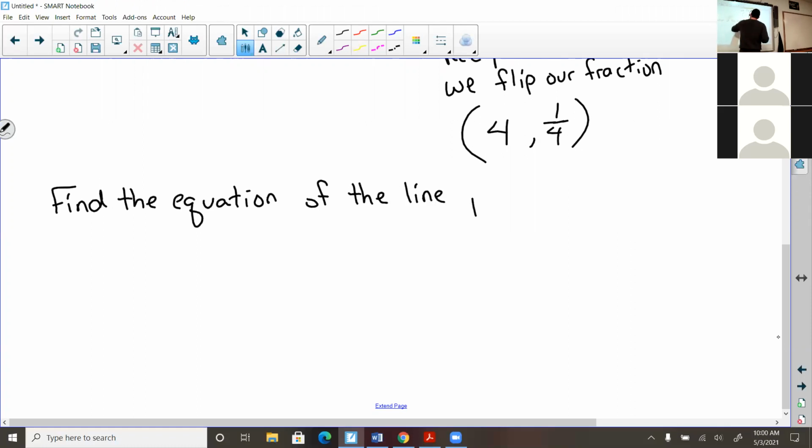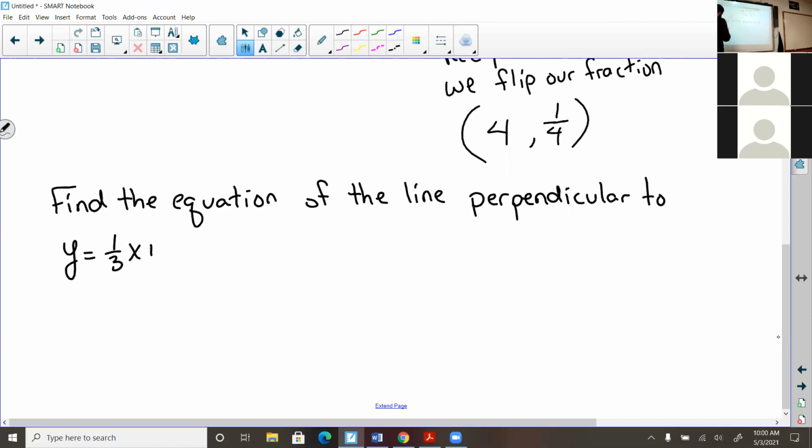Find the equation of the line perpendicular to y equals 1/3 x plus 4 through the point (2, 4).